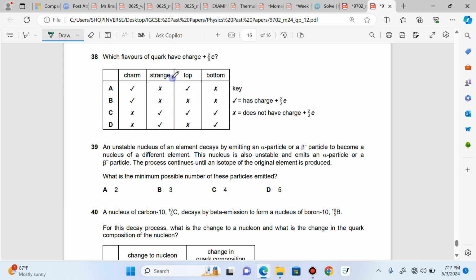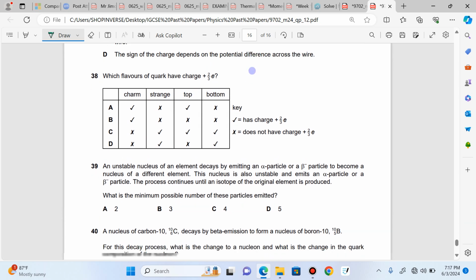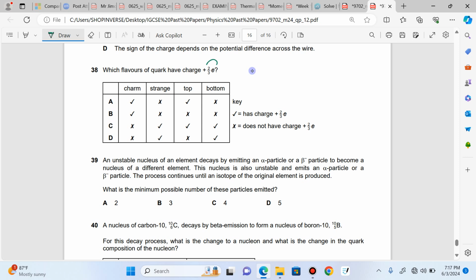Question number 38. Which flavor of quark has a charge of +2/3? The up quark, the charm quark, and the top quark have a charge of +2/3.